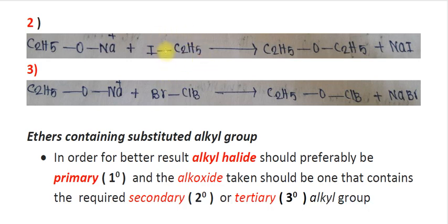Here also it is a primary alkyl halide, and you get C2H5OC2H5. Here the symmetrical ether is formed with NaI as a byproduct. The next is sodium ethoxide plus BrCH3, and you get the ether C2H5OCH3 plus NaBr.